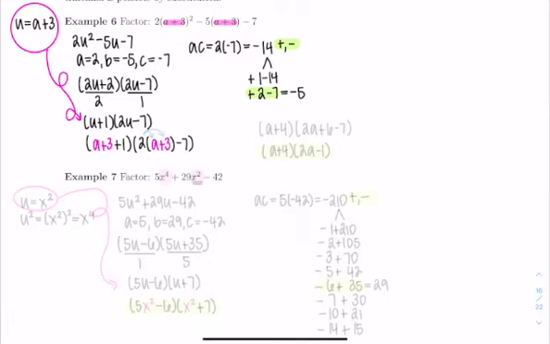The first one can be simplified pretty easy. We end up getting a plus 4, and we want to distribute the 2 in the second binomial. And so we end up getting 2a plus 6 minus 7.